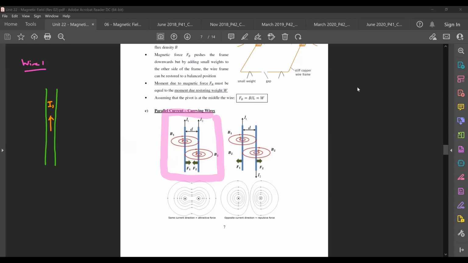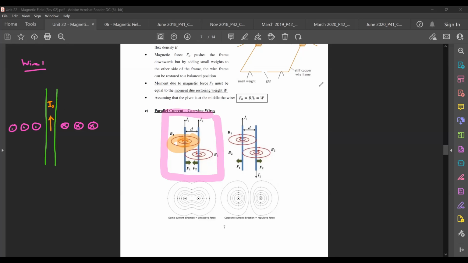The magnetic field is in the form of concentric circles whose direction can be determined using the right-hand grip rule. So if I look at wire 1 itself and I want to draw out the pattern of the magnetic field, if I use the right-hand grip rule, on the left side, this is where the magnetic field is coming out of the plane of the paper. On the right-hand side, this is where the magnetic field is going into the plane of the paper, right? So this is the pattern of the magnetic field of wire 1.